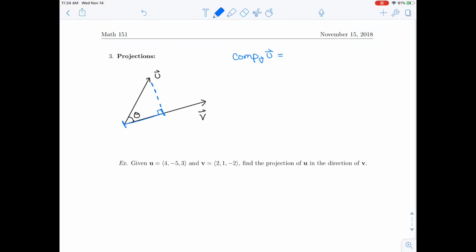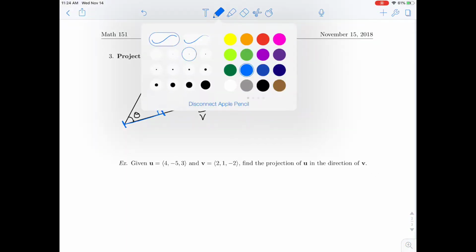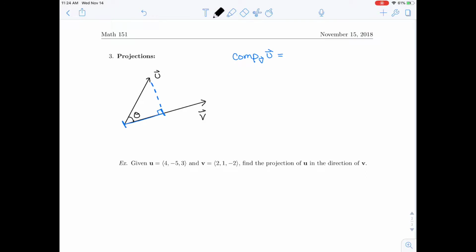So we already know from our last lesson that if we have a vector u specified by its length, u, and then the angle from some axis, theta, then the distance here in blue is the length of u times cosine theta. So the amount of u in the v direction is the length of u times the cosine of theta.